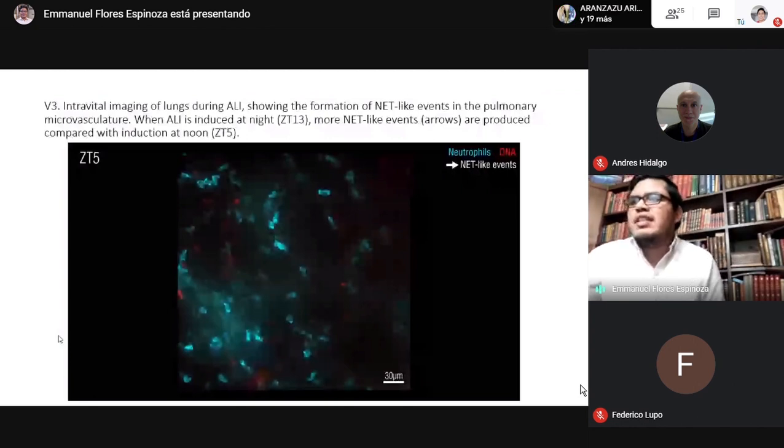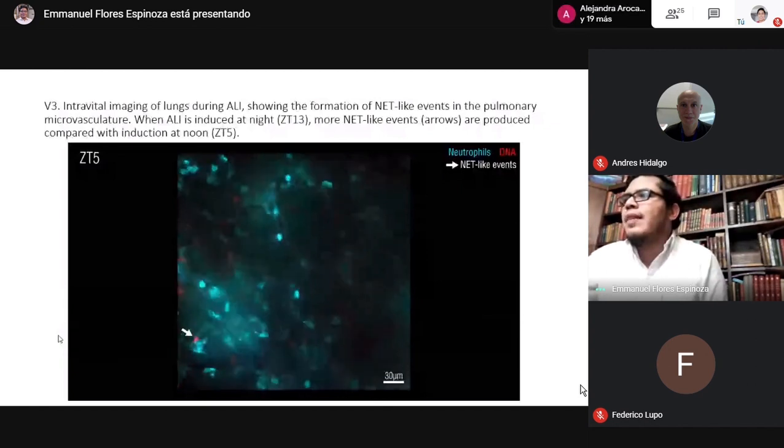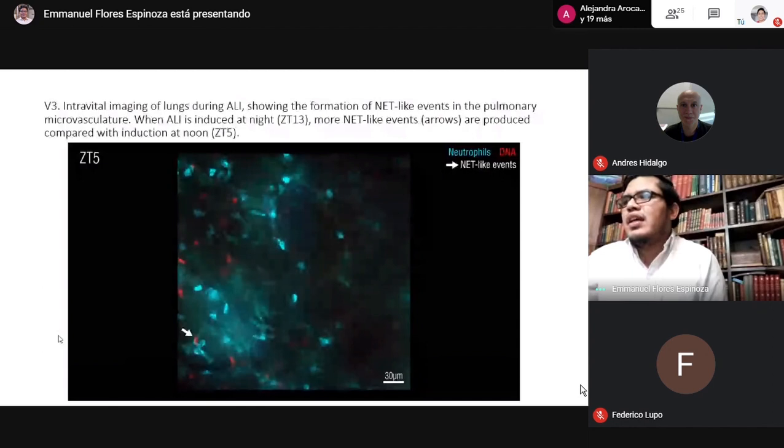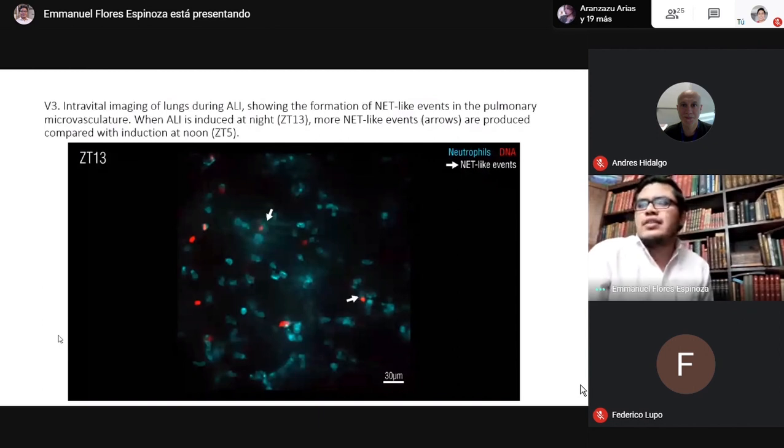When the ALI is formed in the day, we are viewing now. And we can see clearly that there is more NET formation, or more NET-like structures, when ALI is performed at night.